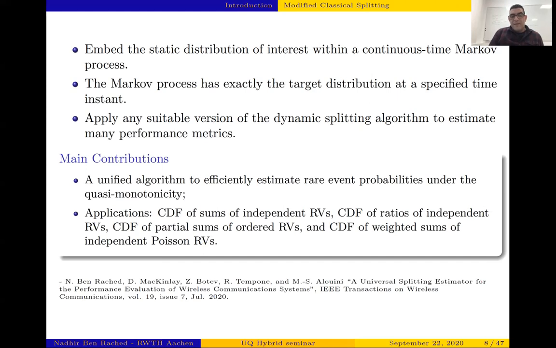And second, we'll stress the large scope of applicability of the estimator, and we'll apply it to 4 different problems, which are the CDFs of sums of random variables, the CDF of ratios of independent random variables, the CDF of partial sums of ordered random variables, and the CDF of weighted sums of independent Poisson random variables.